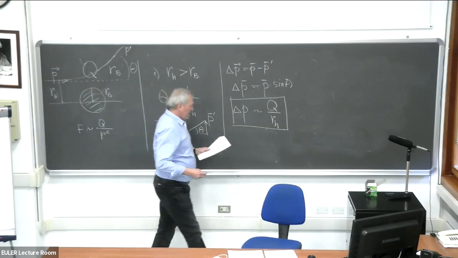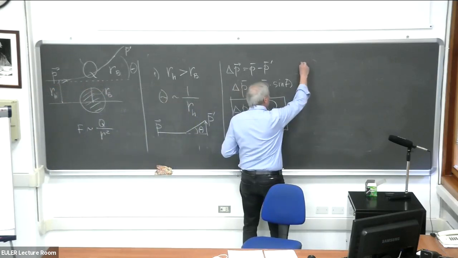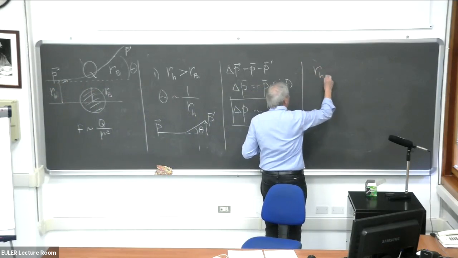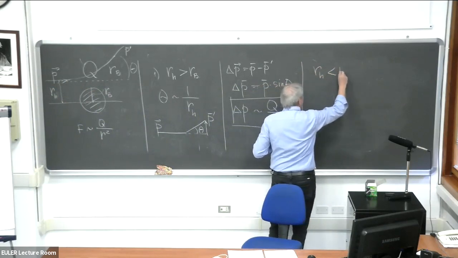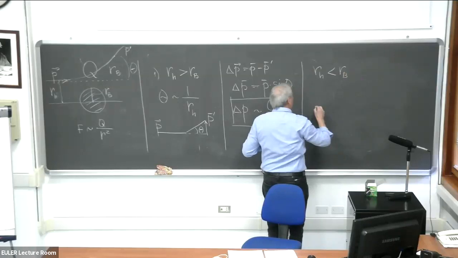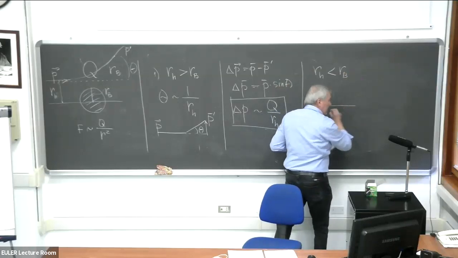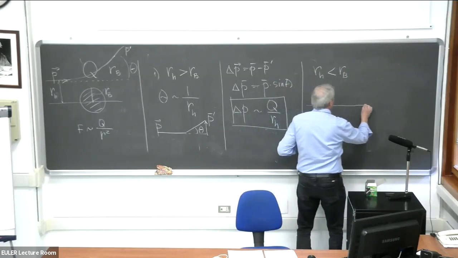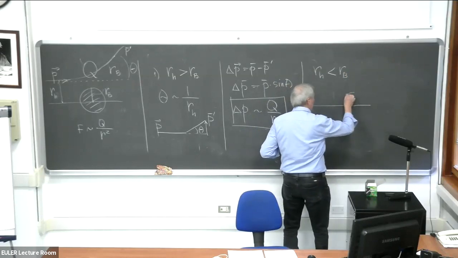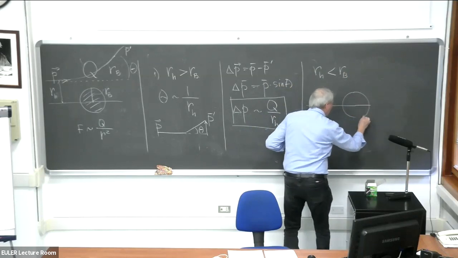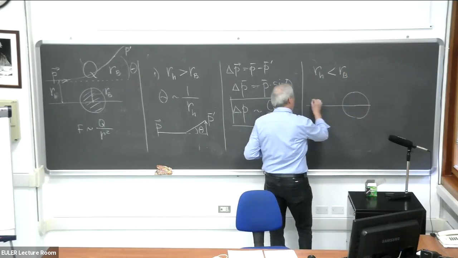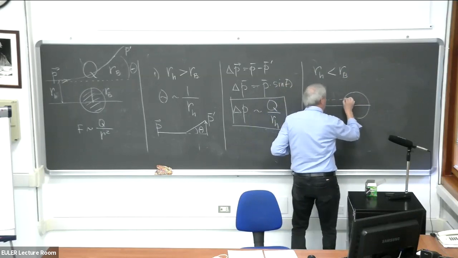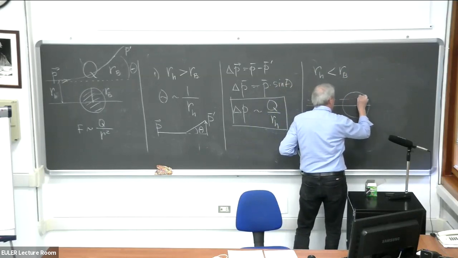Things change when we consider small impact parameter, when R_H is smaller than R_B. So now we have the situation when the radius of our scatterer is bigger than the impact parameter.